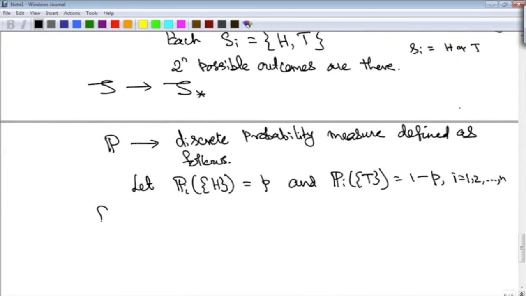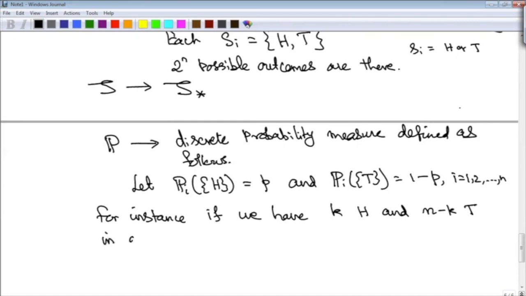So for instance, if we have k heads and n minus k tails in an experiment, in a trial. Okay, so one trial.